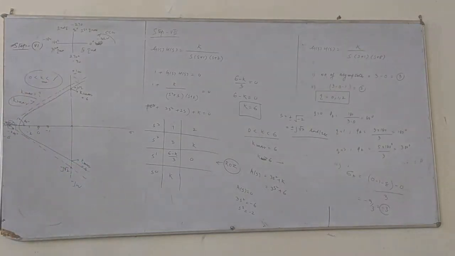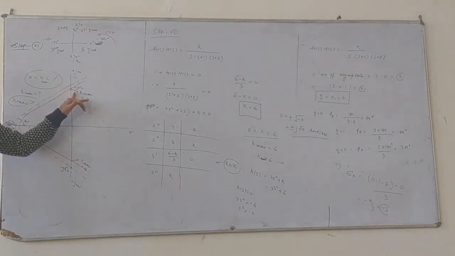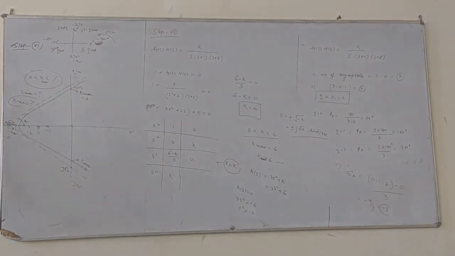This is the way how you can find the stability of the system, and second, how you can locate the point where the root locus will intersect the imaginary axis. This is the procedure. Number one, get the characteristic equation, draw the Routh table, and get the value of K, because that will always be a row of 0.